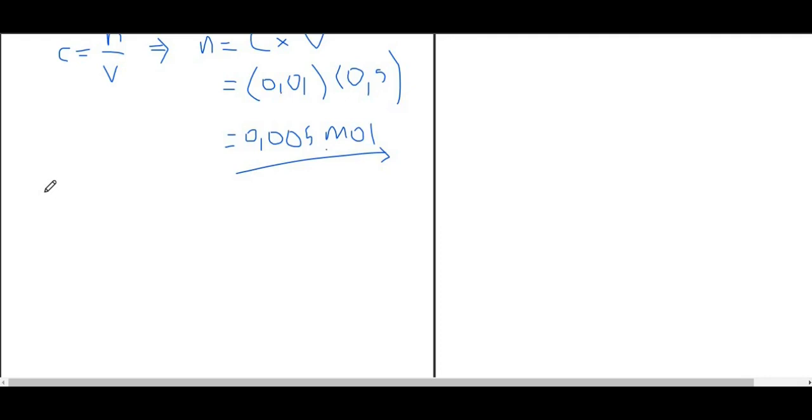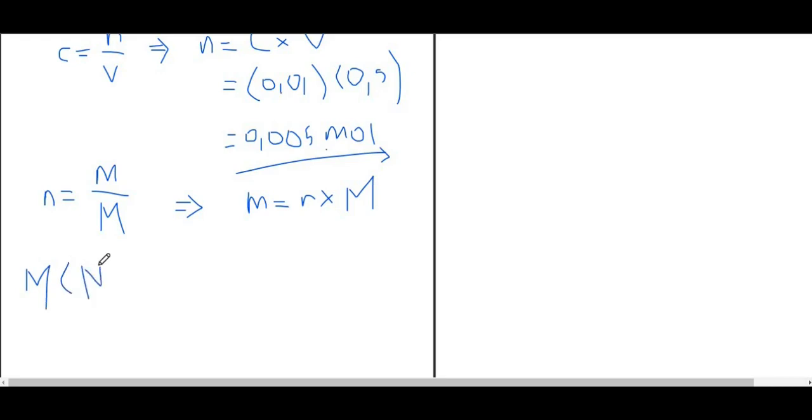So to find the mass, I will need to look at this equation again, which says the number of moles equals to small letter m divided by big letter M, which is the molar mass. To find the small letter m, I've shown you in the last question, you need to rearrange that equation and you'll find that small letter m equals to the number of moles N multiplied by big letter M. And then you need to find the molar mass of sodium chloride.